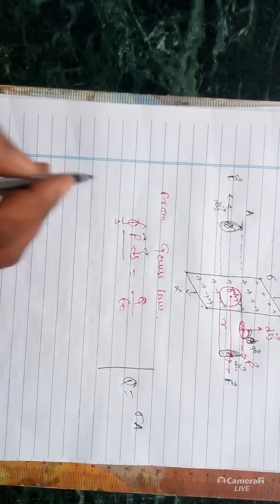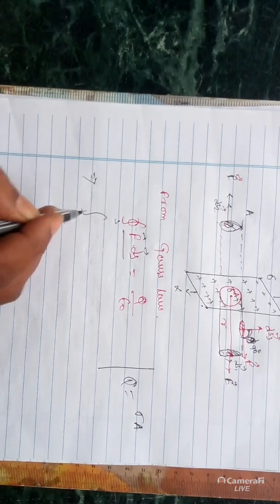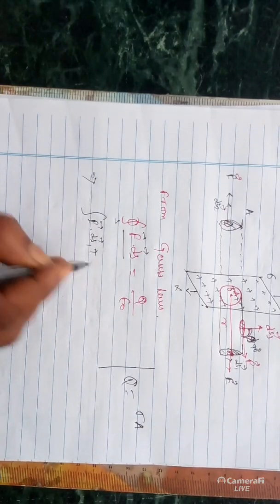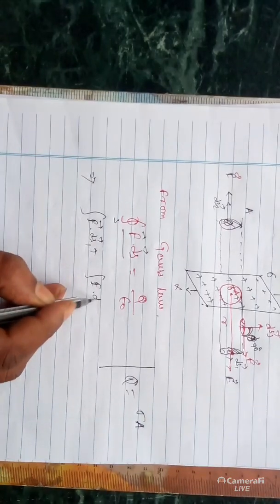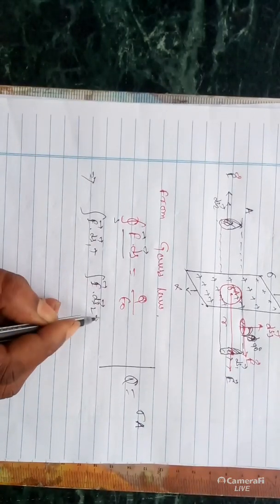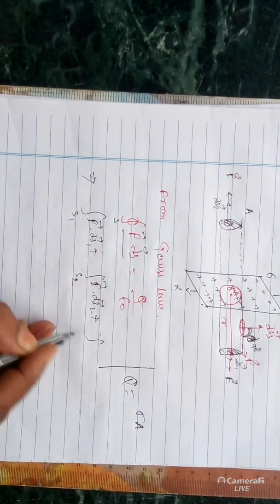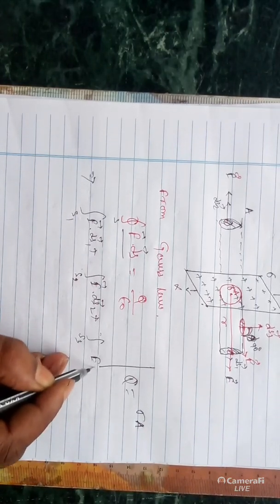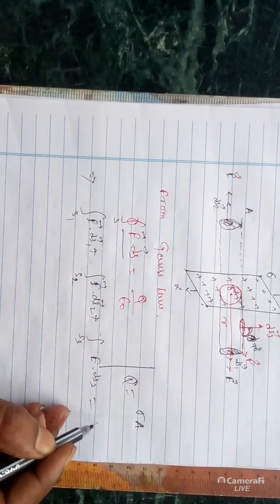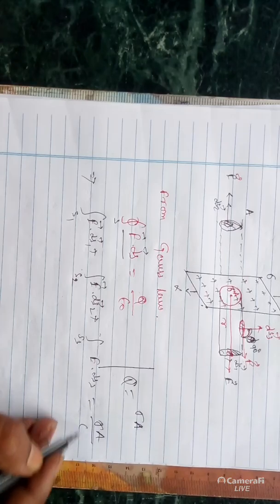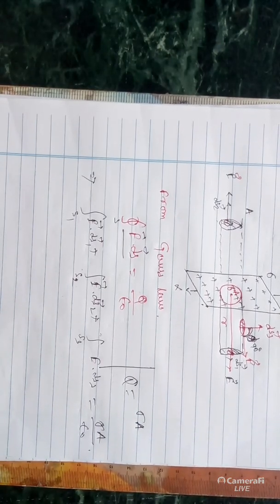Now E dot dS, you can split into three parts: integral of E dot dS1 plus integral of E dot dS2 plus integral of E dot dS3 is equal to total charge inside the surface, sigma into A by epsilon naught, isn't it?